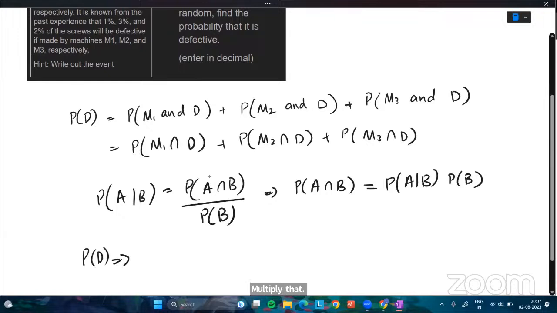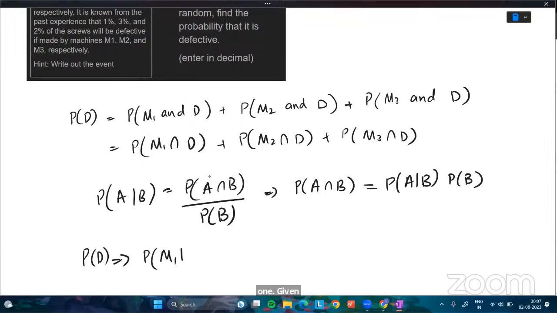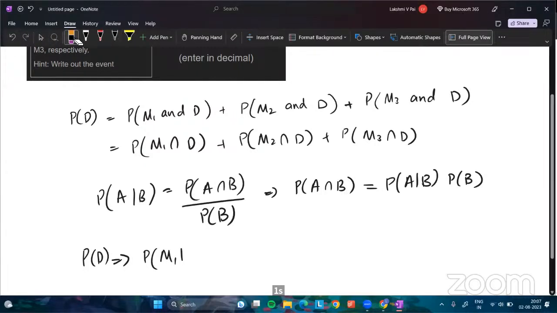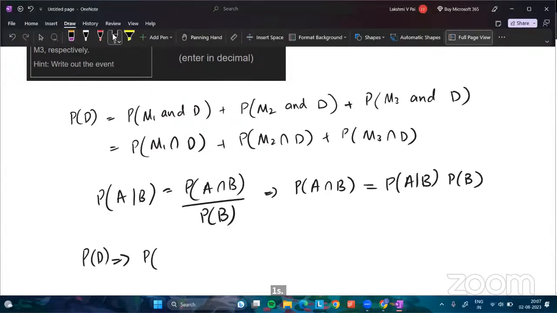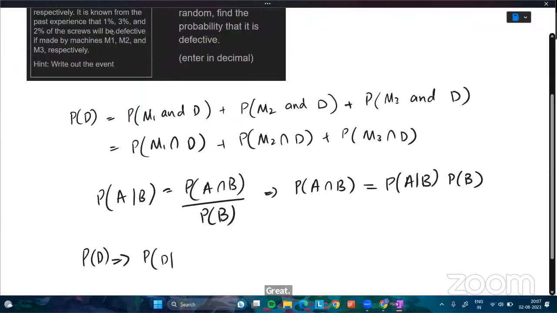So P of D will be equal to probability of defective given M1 into probability of M1.